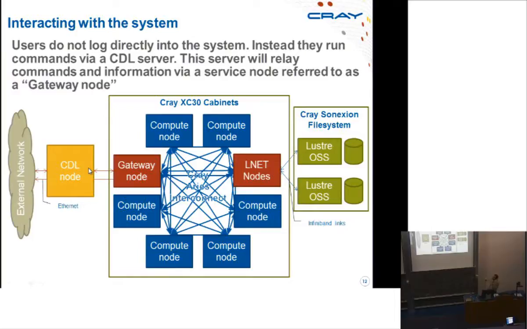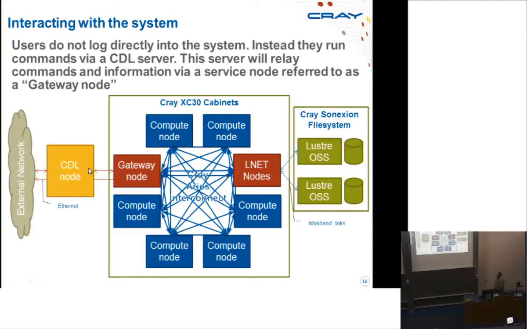So how do users interact with an XC30? What will be provided are Cray development login servers, CDLs. And these are external to the actual supercomputing system, but they provide a continuous service. Potentially, while the system is down, you could still access the CDL nodes.